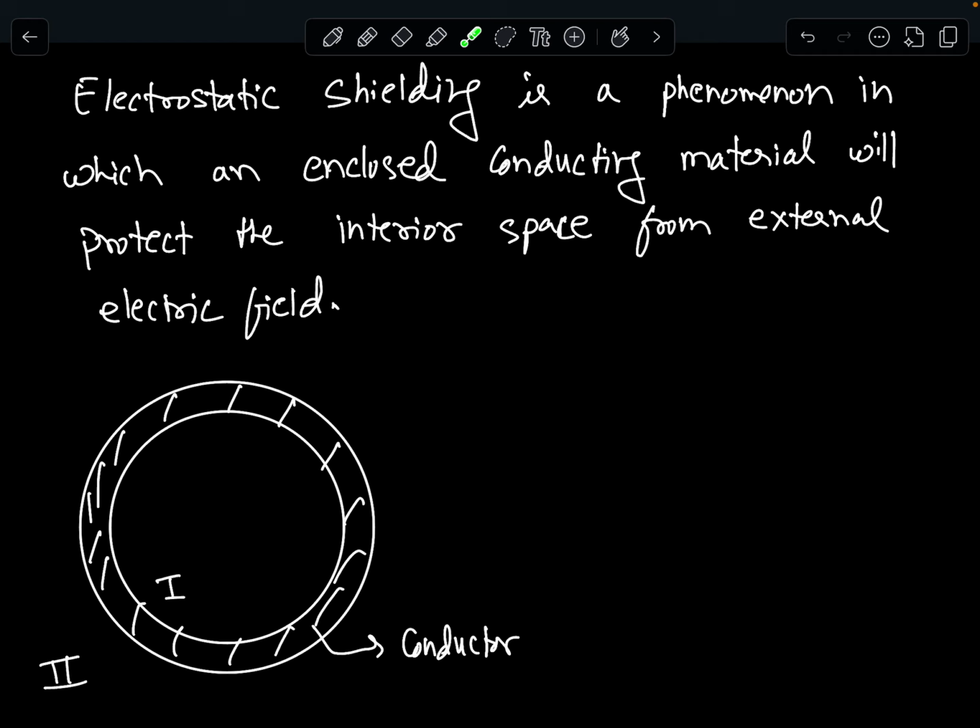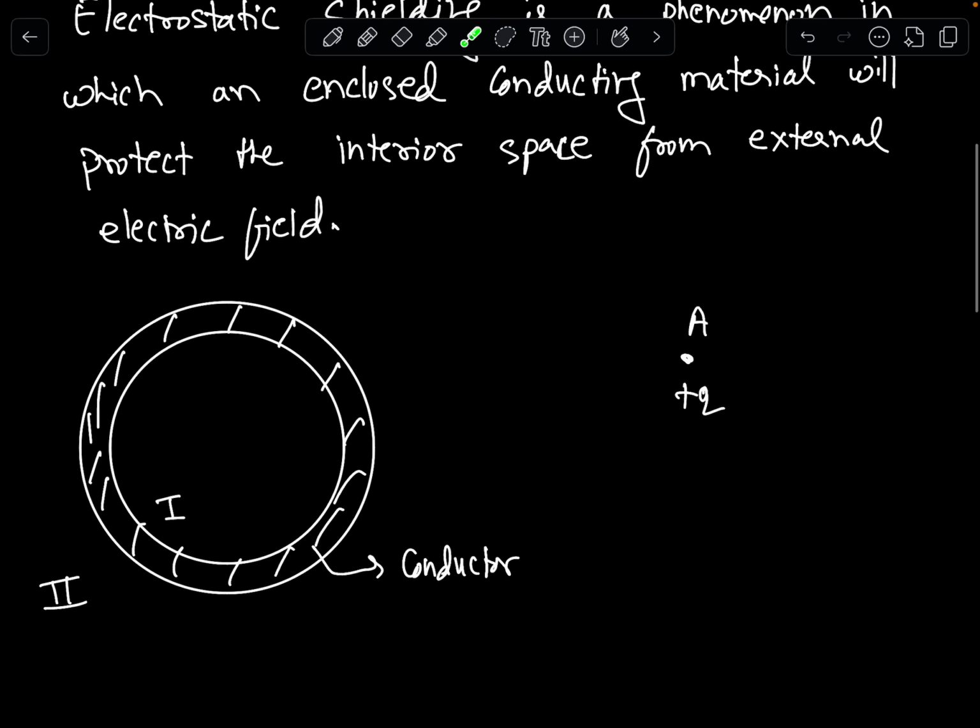So let's say I have a positive charge kept at a point A. Then this charge will have an effect on the inner space of this conducting material, but this conducting material will ensure that the net electric field inside this shell is equal to 0.